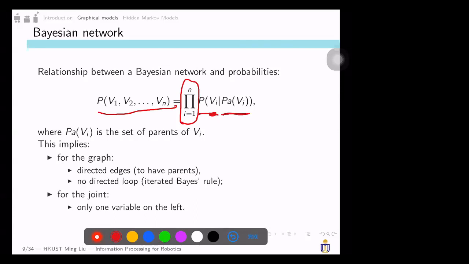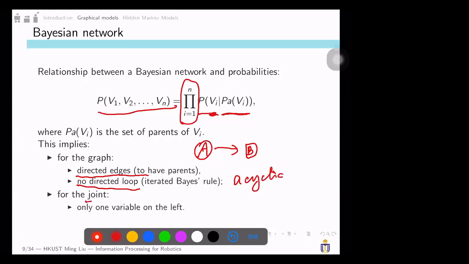Okay, that implies how do you define the parents? If you have A to B, then A is one parent of B. So it depends on the directed edges, and since we don't have a loop, it's acyclic.